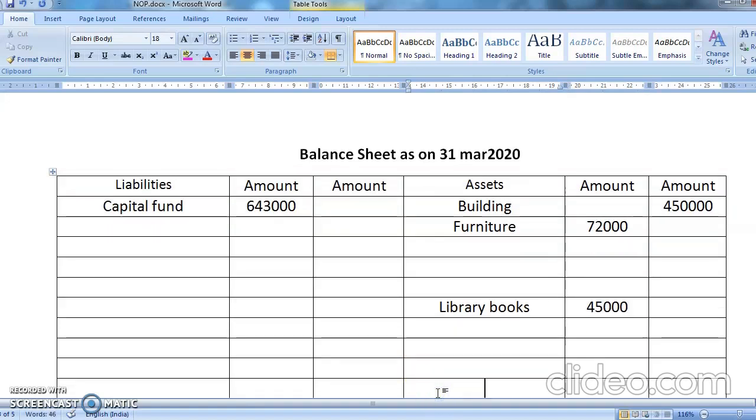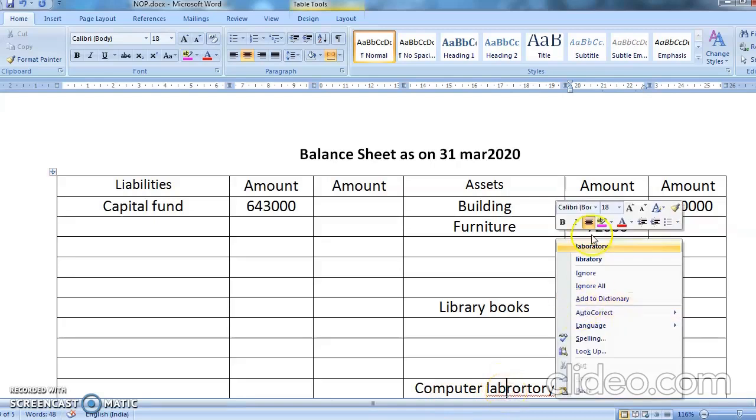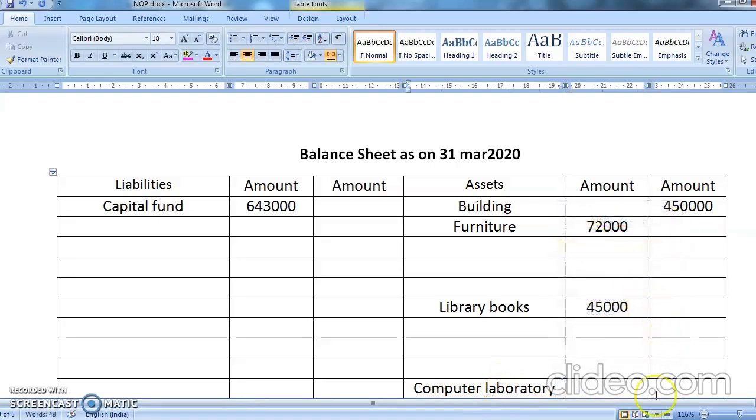And then you had computer laboratory, which does not have any adjustment, so you'll be writing directly in the outer column. Computer laboratory, there is no adjustment, so directly in the outer column.